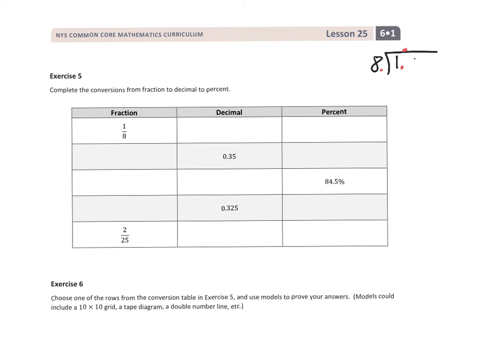Now we can put our zeros in, because what times 8 equals 1 is 0. And so what times 8 will give us 10 or close to it? That would be 1. 1 times 8 is 8. 10 take away 8 is 2. Make another 0 appear and bring it down. 2 times 8 I know is 16. 3 times 8 is 24.